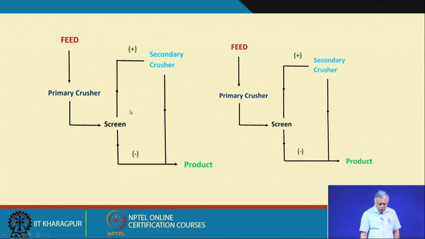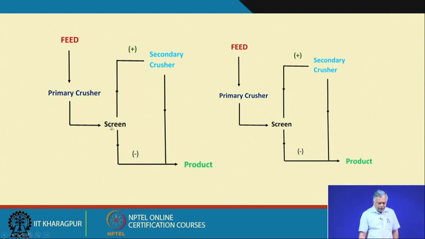And then the oversized material, the overflow, we are sending to a secondary crusher, and the material which is already finer than the discharge product of the secondary crusher, we are mixing together and getting a product. That is why the secondary crusher's capacity is always less than the primary crusher's, because the primary crusher has already done a part of the job that my secondary crusher is supposed to do.